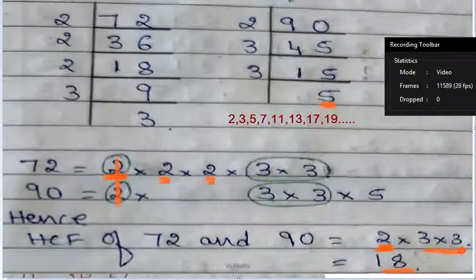But this 5 is not present, so we need to skip. Last, we need to find the product of all these prime factors to get the HCF of 72 and 90. If we multiply 2 into 3, it is 6; 6 into 3 is 18. 18 is the HCF of 72 and 90.